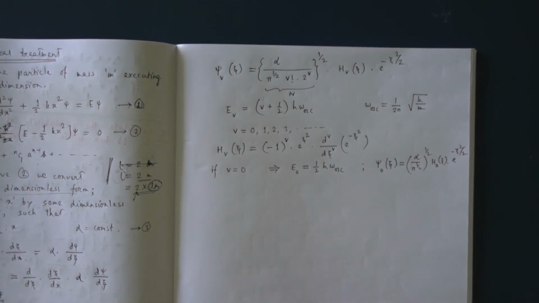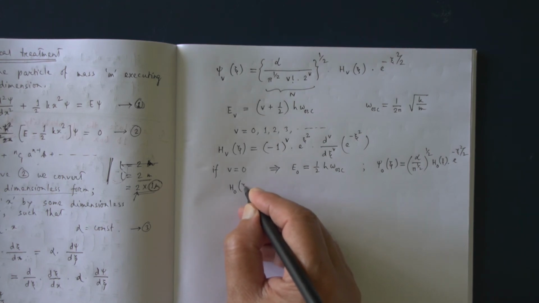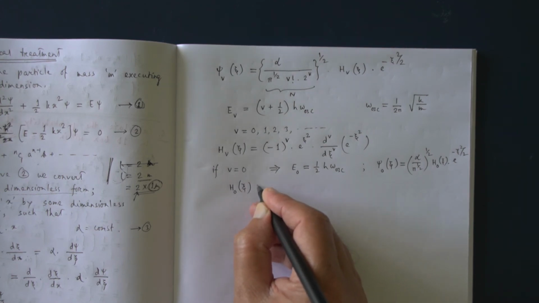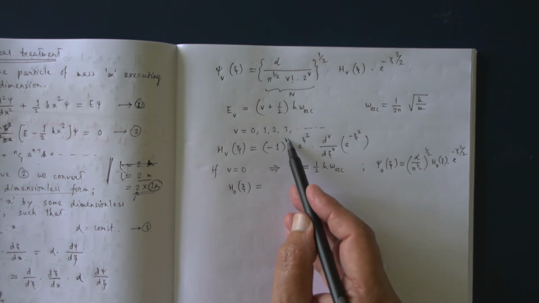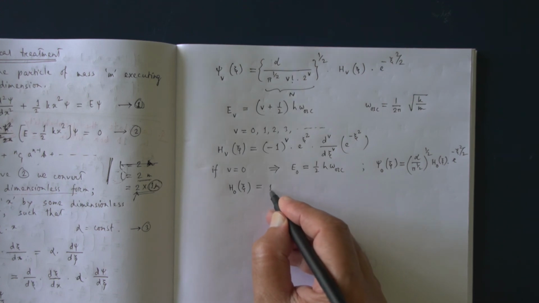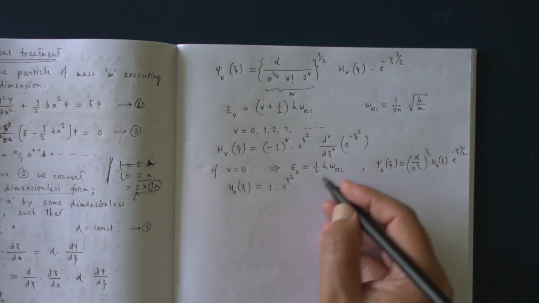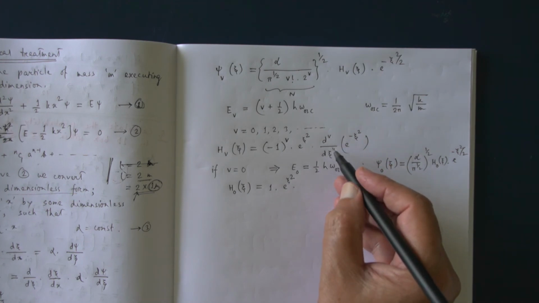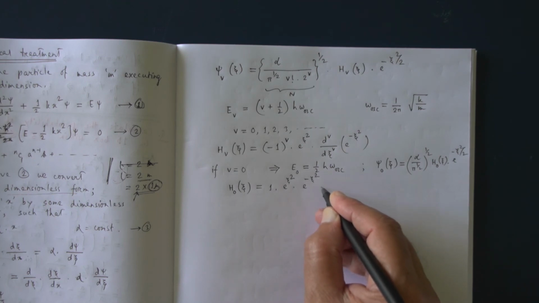Now let us see what H0(xi) is. This is the expression: minus 1 to the power 0, that is 1, so this is 1, e to the power xi square, d0 which is 1, into e to the power minus xi square.